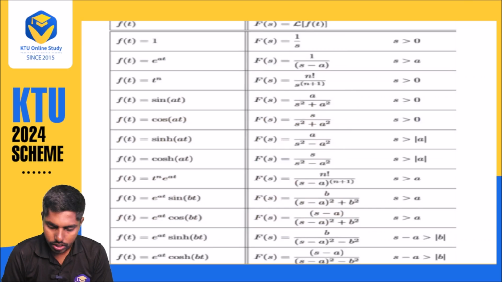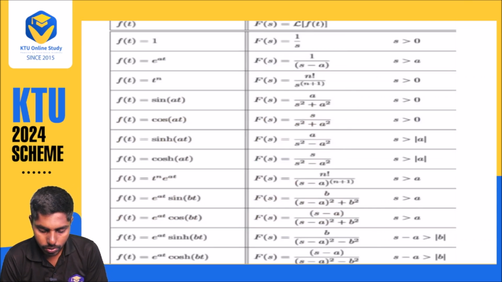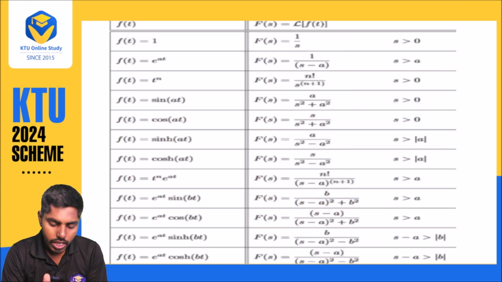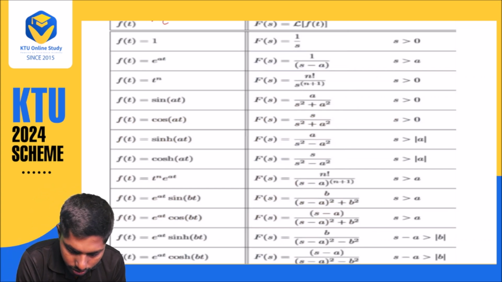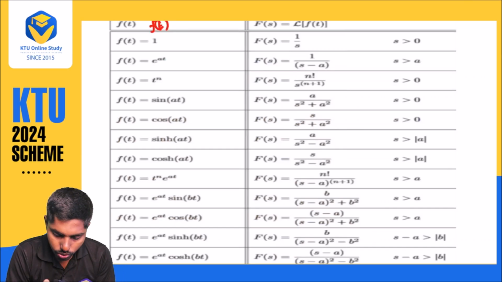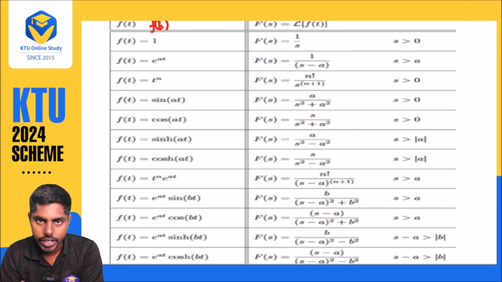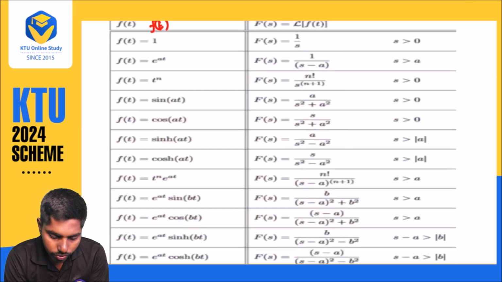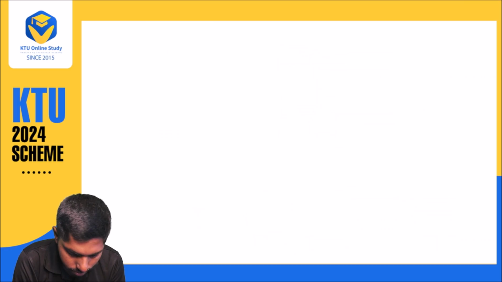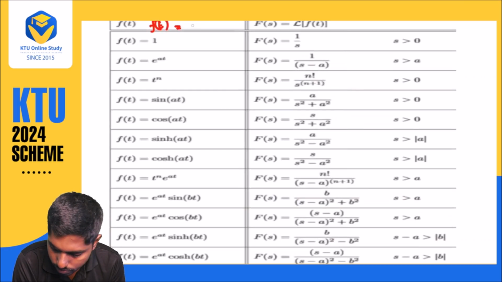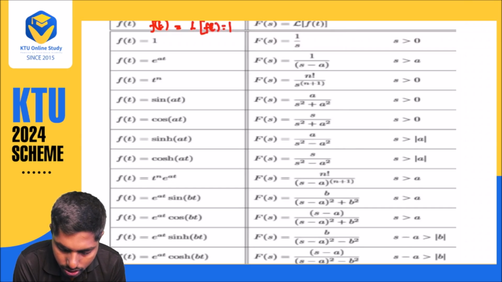Okay, first formula. What is the thing they have given? See here, if you observe the formula, on one side they have given the question. They will be giving f of t, and they will be asking you to find the Laplace transform. When you find the Laplace transform, it becomes L of f of t, which we can say is f of x.